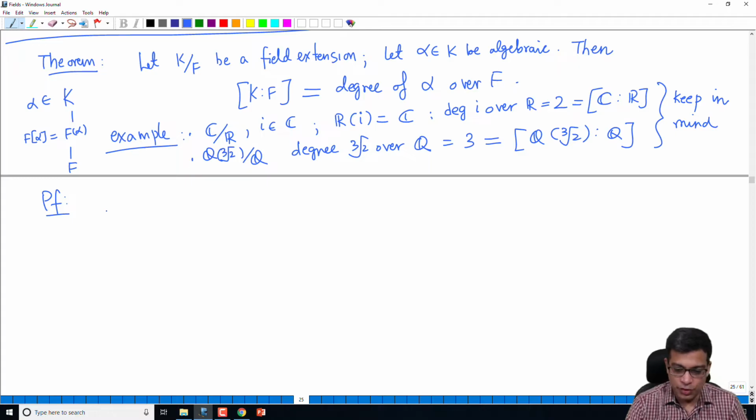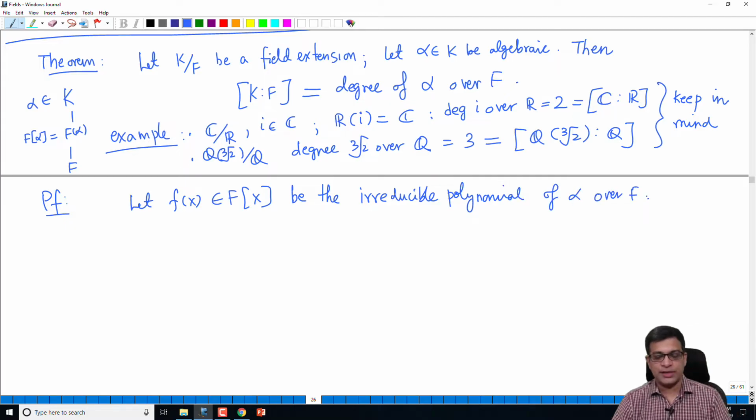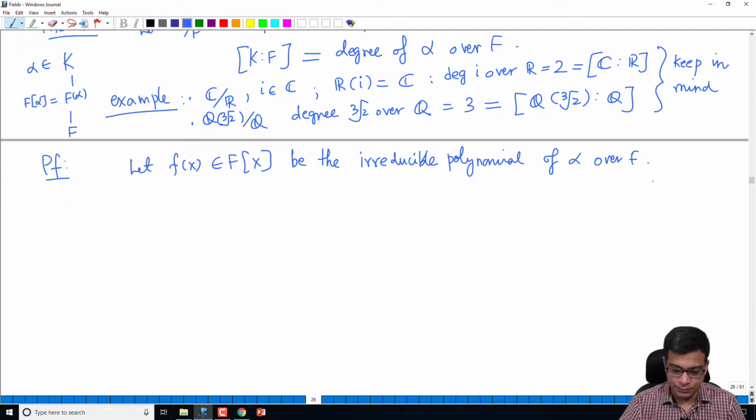Okay, so let's prove this. This is not difficult at all. So let f in F[x] be the irreducible polynomial of alpha over F. Remember, this is the smallest degree polynomial with coefficients in F which has alpha as a root.